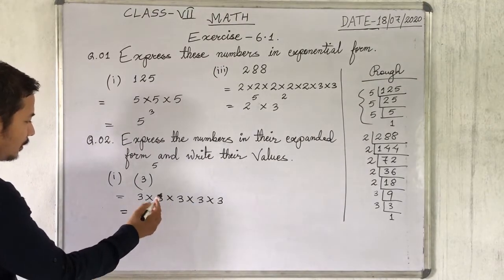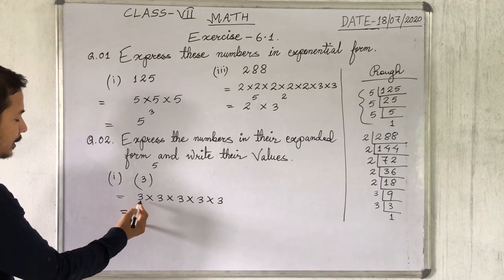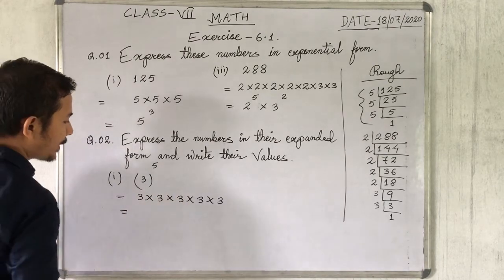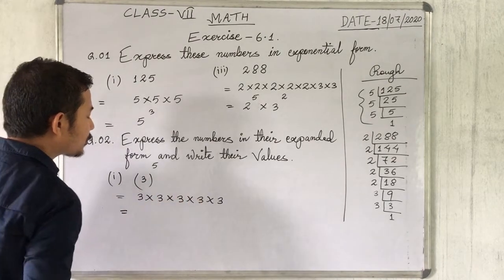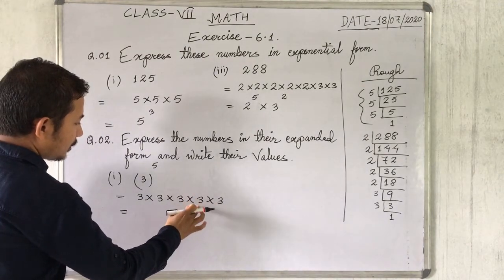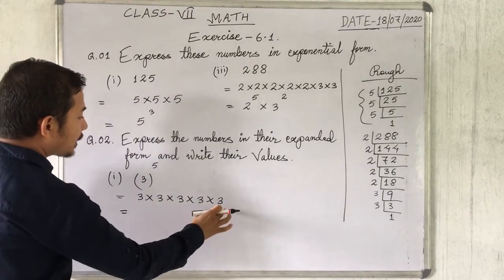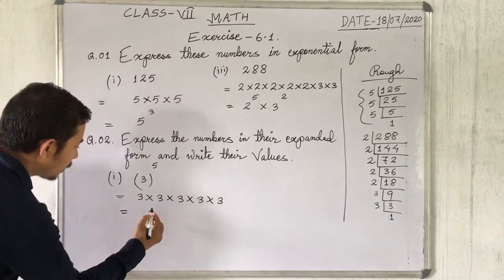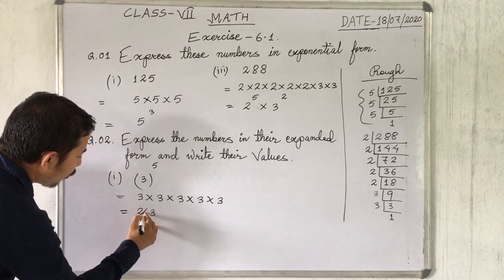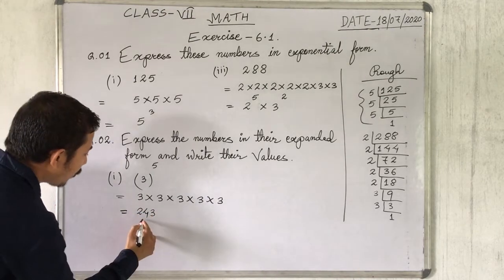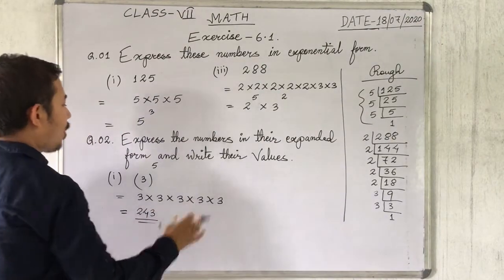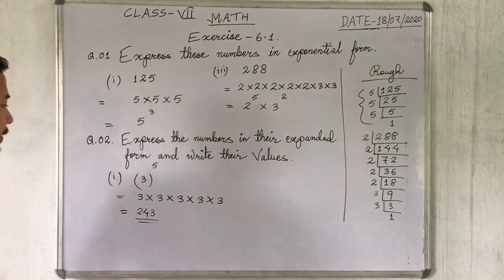Okay, now look here. 3 times 3 is 9. 3 times 9 is 27, and 3 times 27 is 81, and 3 times 81 is 243. So 243 is the value of this expanded form, right?